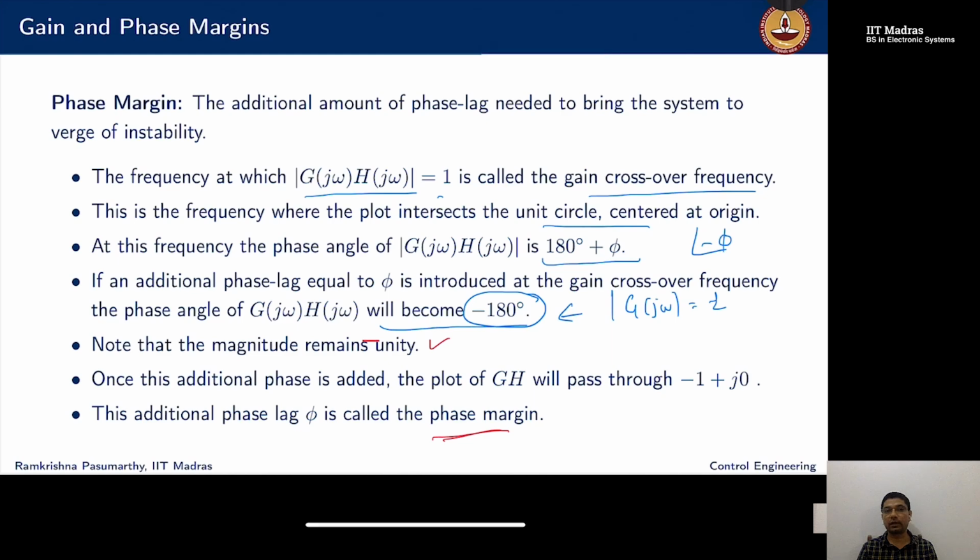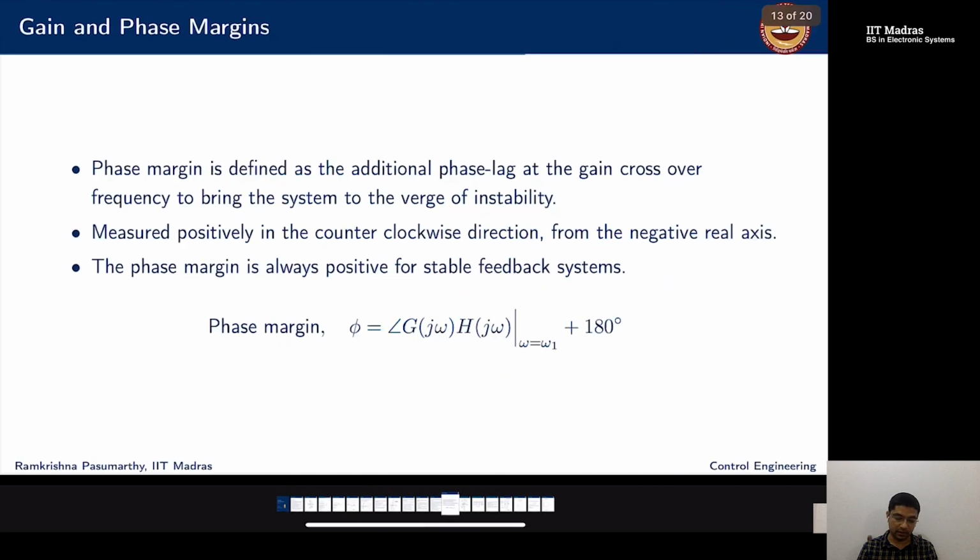So we have defined two quantities, the gain margin and the phase margin. By definition, the phase margin is defined as the additional phase lag at the gain crossover frequency to bring the system to the verge of instability. And the phase margin is always positive for stable feedback systems.